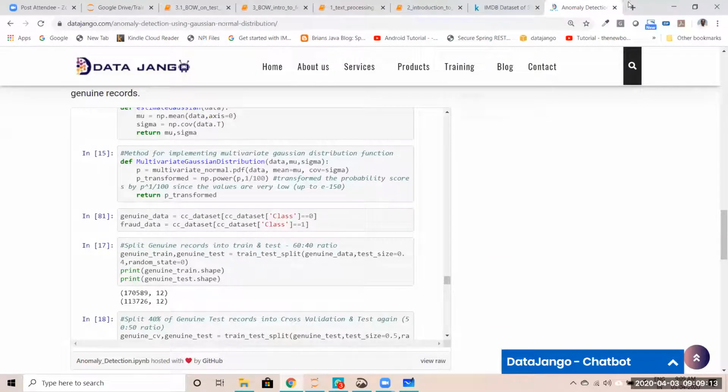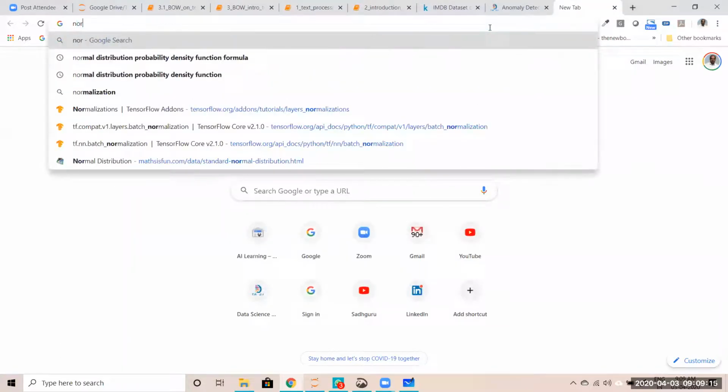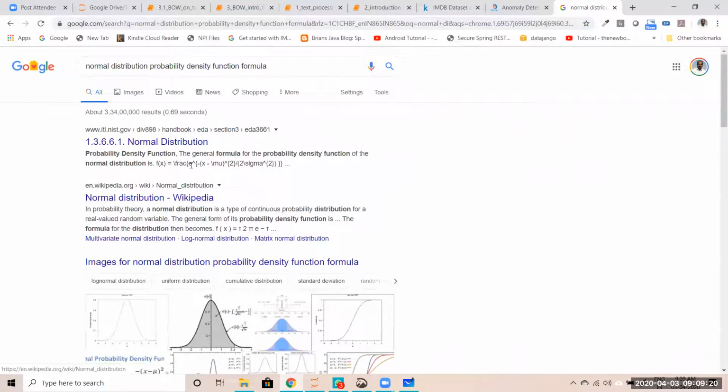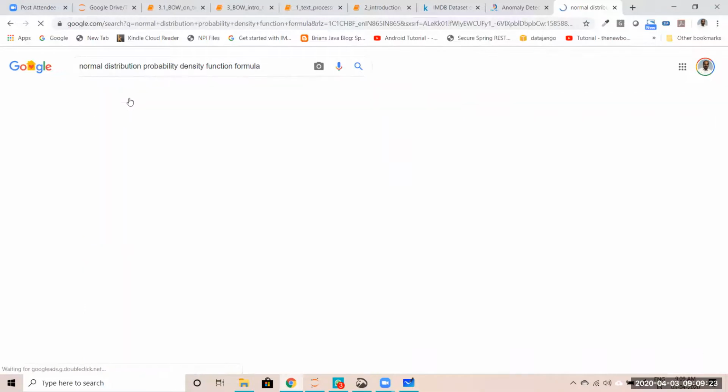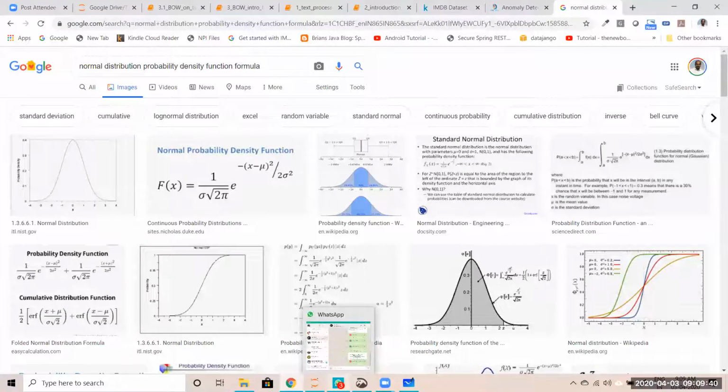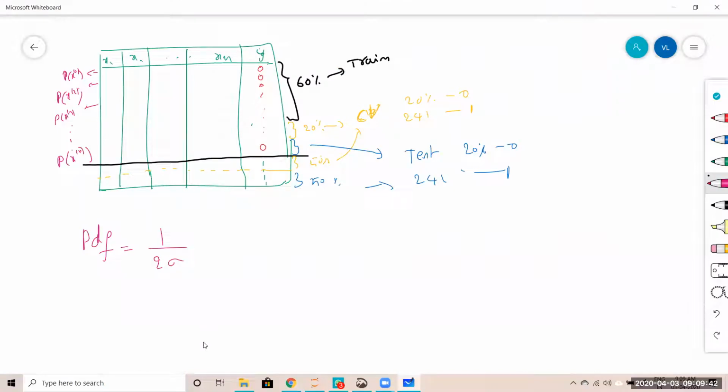So this is the formula: 1 by sigma root 2 pi into e to the power of minus (x minus mu) square by 2 sigma square. What is mu and sigma here? Mu is the mean and sigma is the standard deviation. So we need to calculate probabilities of each row using the PDF function of normal distribution.